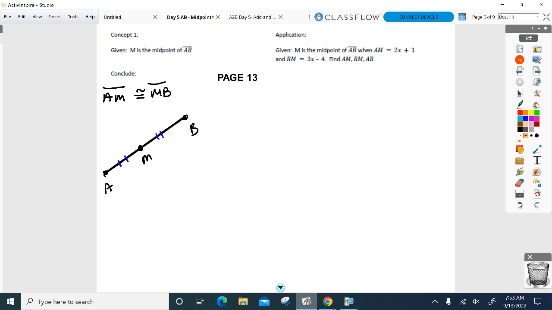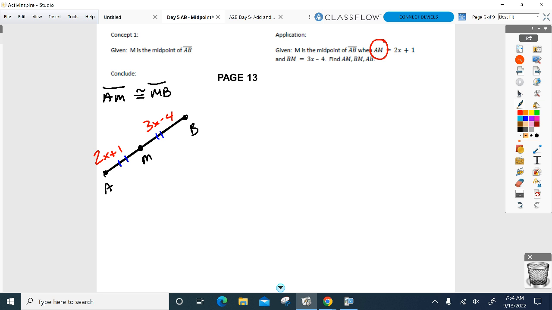No, whoa. I've taken AM and I've taken the line segment symbol away from it. What's that notation for? The length. Oh yeah, the length is 2x plus 1. So on AM, 2x plus 1. BM, the length is 3x minus 4. Got it. Find all three lengths now.